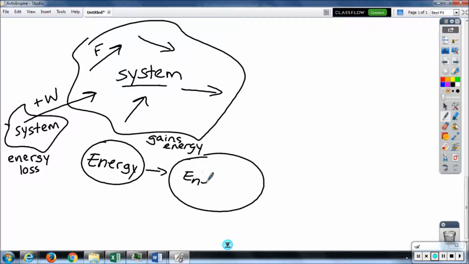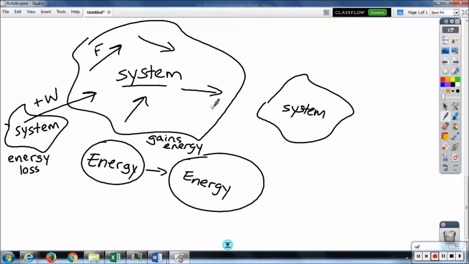You can see that. If there was another system over here, and now this system does positive work on the other system, then the energy that we once had here transfers over to this system, and so now our pie gets smaller again.